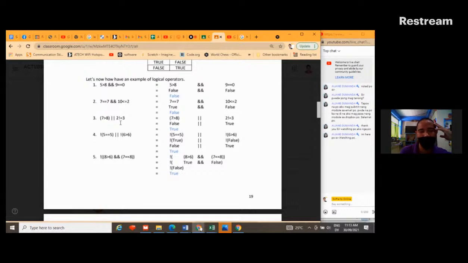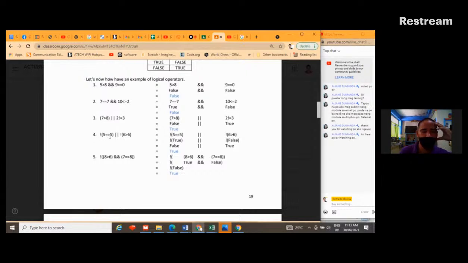If you have problems with that, just review the greater than symbol. 7 is greater than 8 is false. Now we have the OR. 2 is not equal to 3, which is true. So false or true. We have to remember in OR, if there is a true, the output would be true. So this is true.